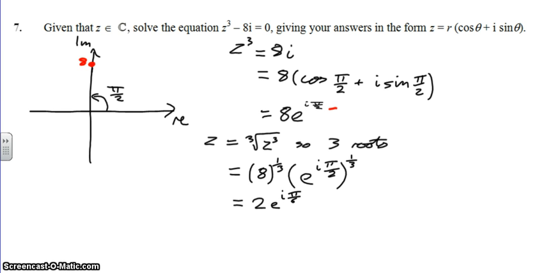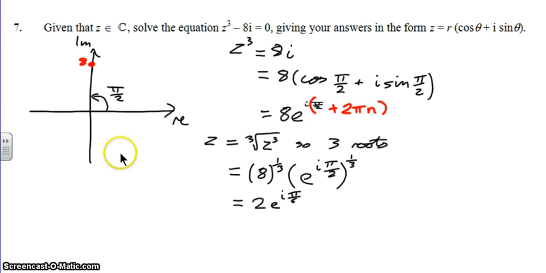If we want to get the other solutions, if we look at our original complex number, it is 8 e to the i pi by 2, but we could also go once around the circle and get to 8i, so add 2 pi, or we could go twice around the circle and get to i, so we can add in 2 pi times n.